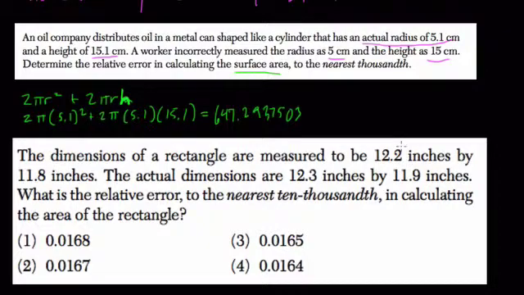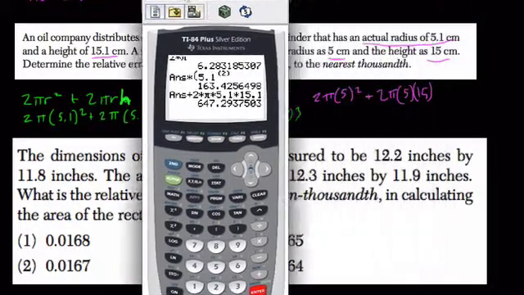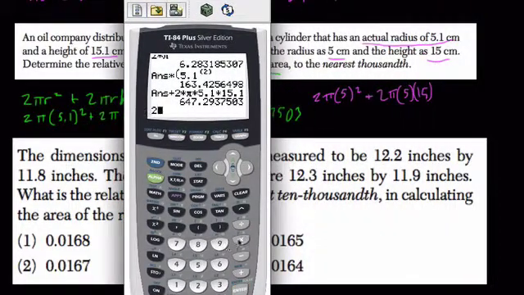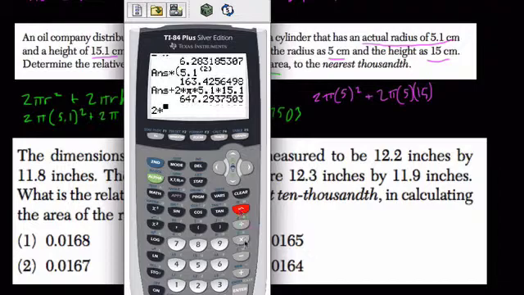But what did we get? We got 5 by 15, so we would get 2 pi times 5 squared plus 2 pi times 5 times 15. Let's see how off this is. So here we have 2 times pi times 5 times 5. Oops, it's not working.